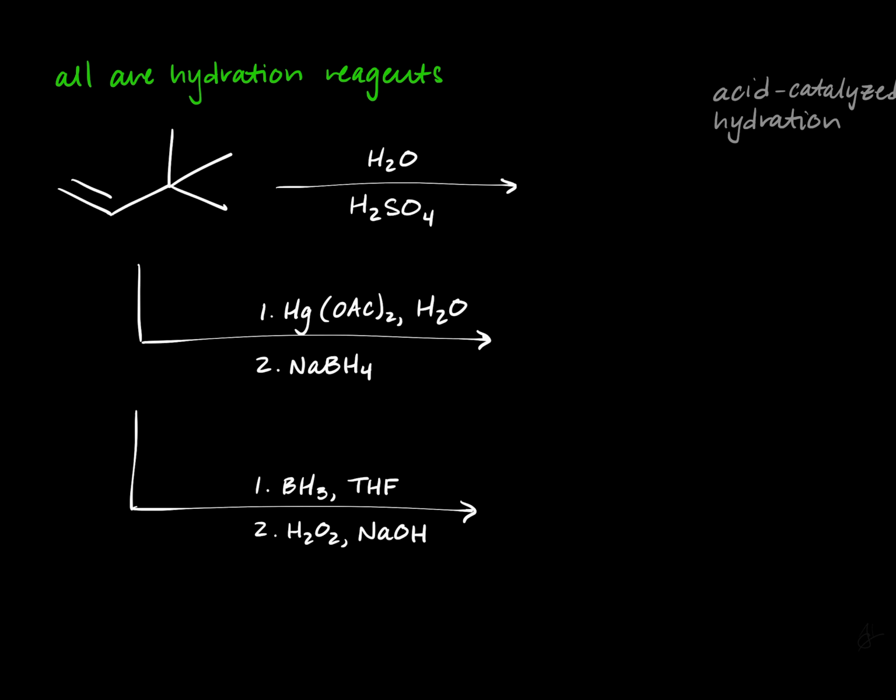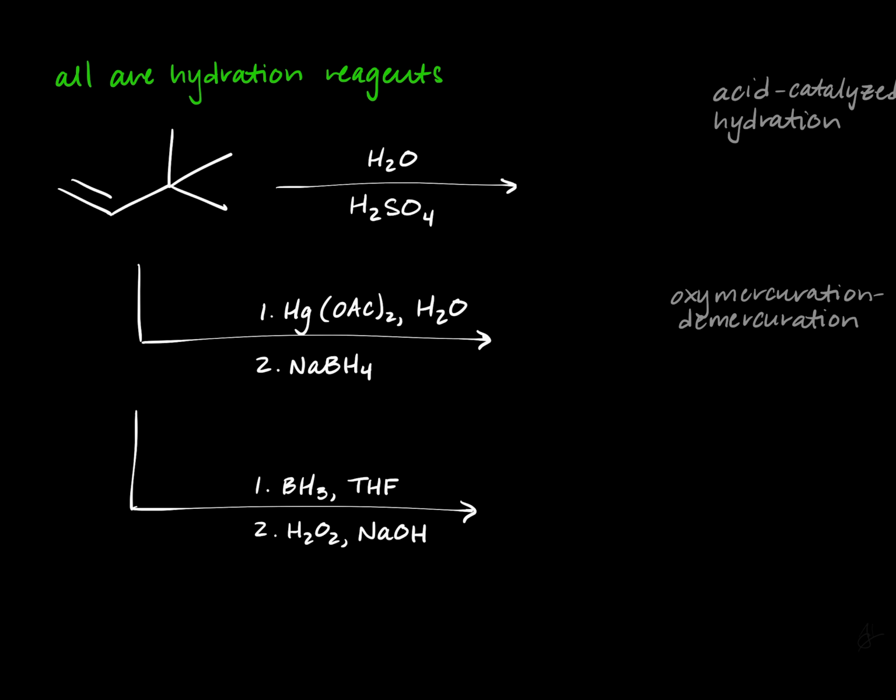The next one is called oxymercuration, which is the name for the first step. Notice it has 2 steps. The first step is oxymercuration, hyphen with no space between them, but I just ran out of space, so I'll put a new line. Oxymercuration-demercuration.